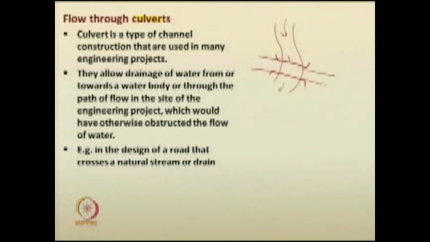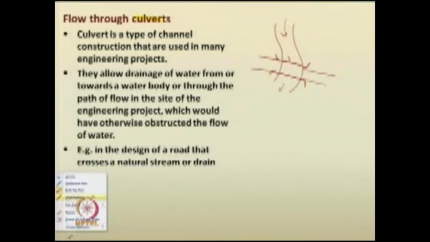So, the culvert will allow drainage of water towards a water body or its natural path from upstream to downstream at the site of that engineering project. If you would not provide a culvert, the engineering project will absolutely block the natural drainage path. Say this is the natural drainage path of water.